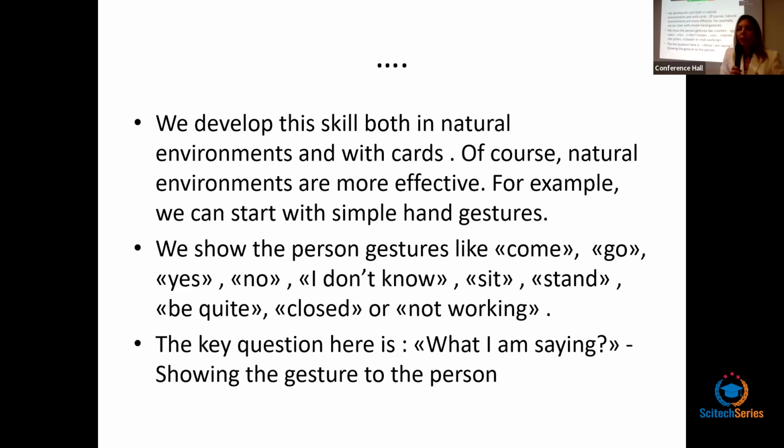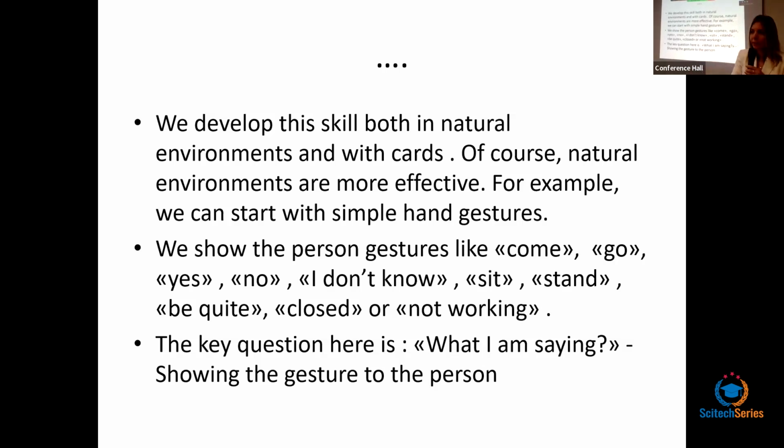For example, we can start with some simple hand movements. We show the person movements like come, go, sit down, stand. The key question here is, what am I saying?